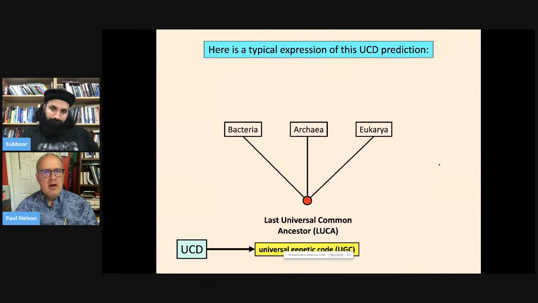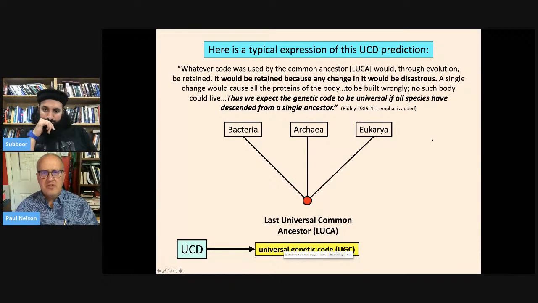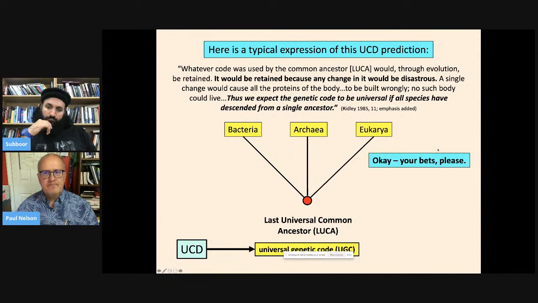So we can express it this way. Here's a typical, you can note the date here, 1985, textbook expression of the prediction. The code would be retained because any change in it would be disastrous. Thus, we expect the genetic code to be universal if all species have descended from a single ancestor.